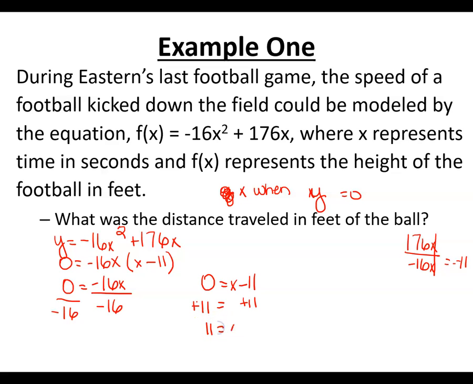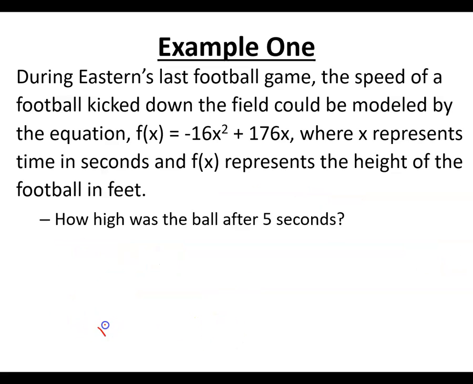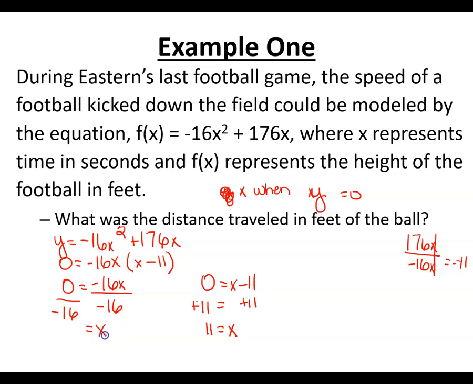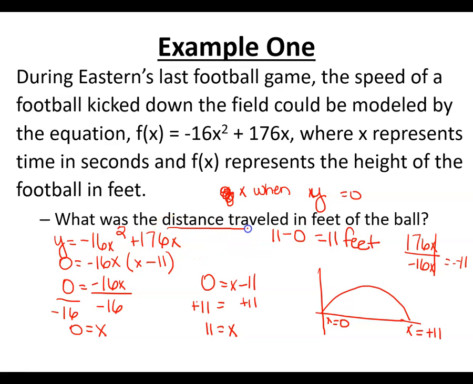So x equals 0 and x equals 11, which corresponds to our little graph. So x equals 0, x equals positive 11, and 11 minus 0 is 11. So the ball traveled 11 feet.